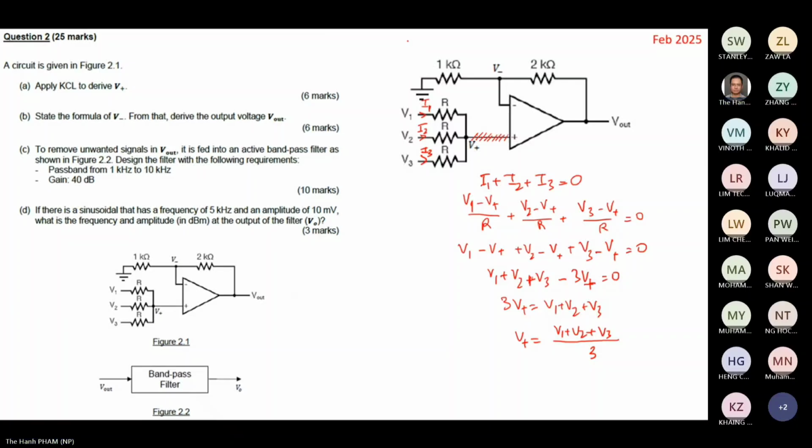Oops, this is A. Okay, what happened to my question A? I don't understand how.